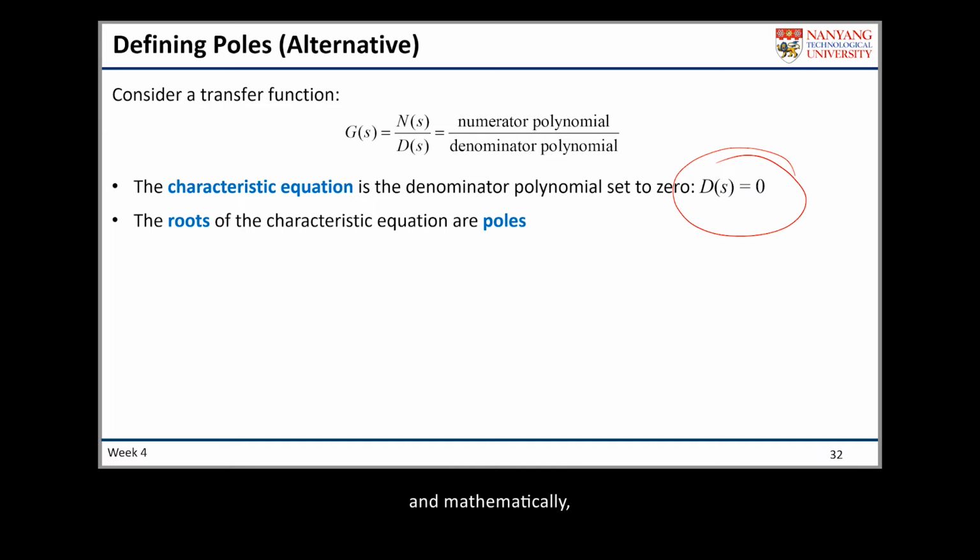Mathematically, by finding the roots of this characteristic equation, you will find the poles of the system, right? Because finding the roots of the characteristic equation means you need to factorize the denominator D(s). And in that way, you can find the poles of the system.